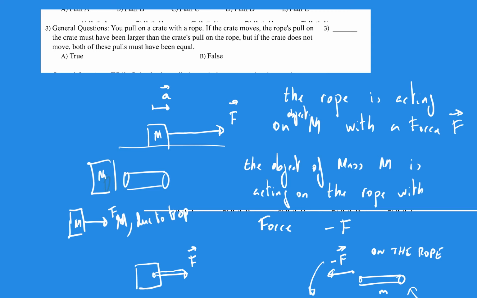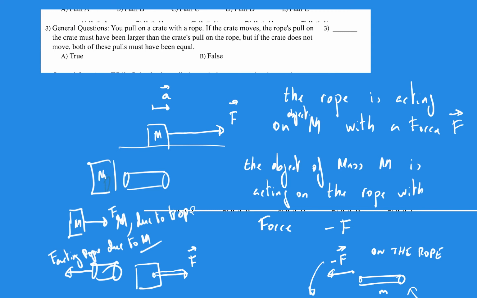So what is the reaction? The reaction is on the rope. This is the rope, and the reaction is this force, the force acting on the rope due to the mass M. So this is what it says: if the crate moves, the rope pull on the crate must have been larger than the crate pull on the rope.